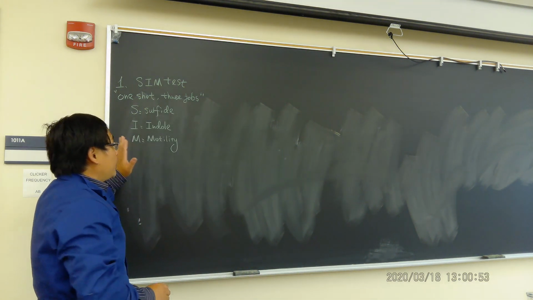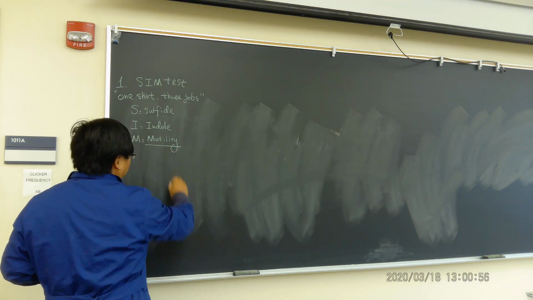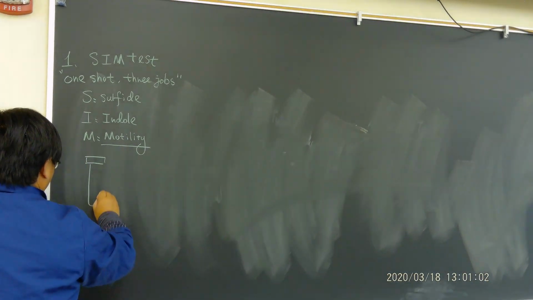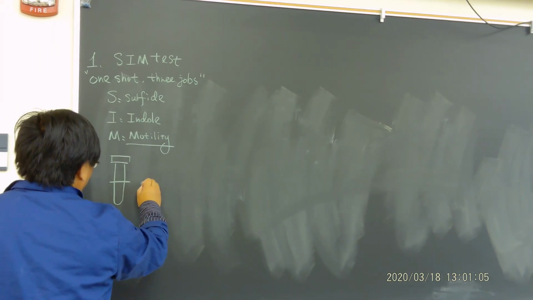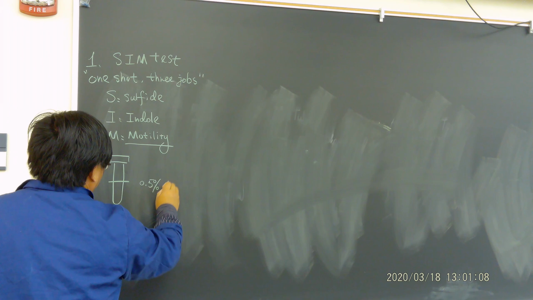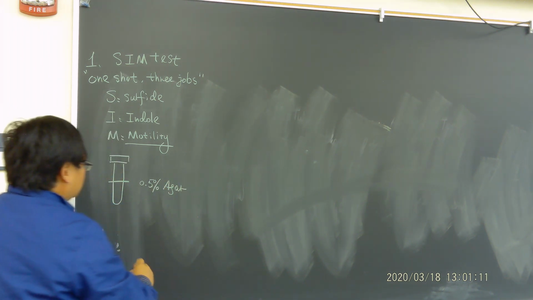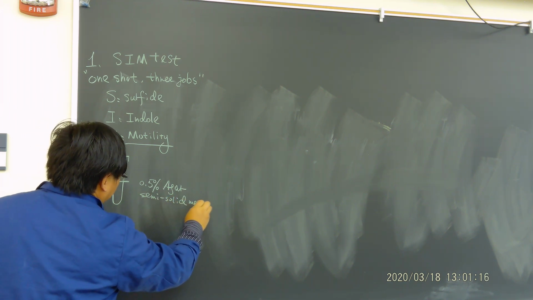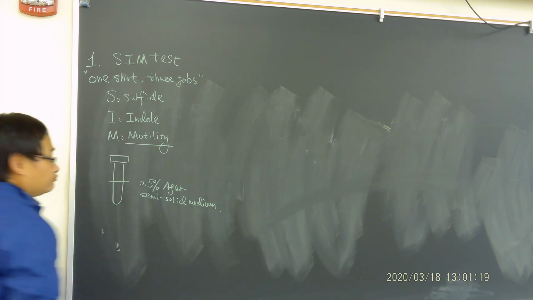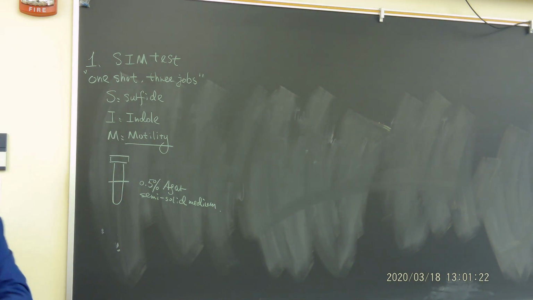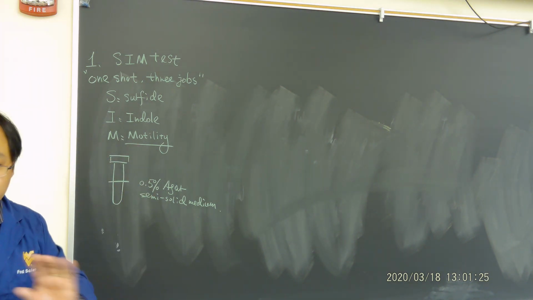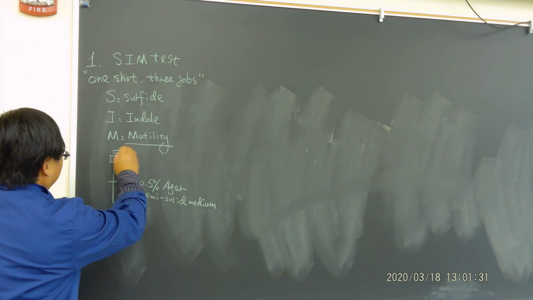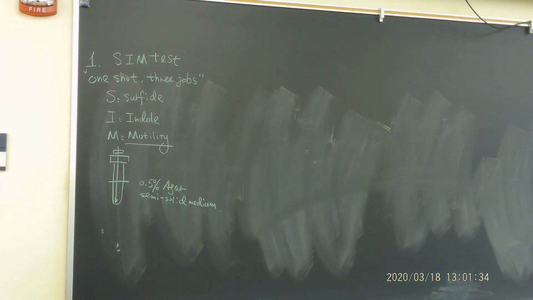So first of all, why do we have to use a needle? We're going to first talk about the motility. How do we know bacteria have motility? This agar contains 0.5% agar. So this is a semi-solid medium. Now, how do we know a bacteria has real motility, or does not have real motility? We put the needle in, right in the middle.